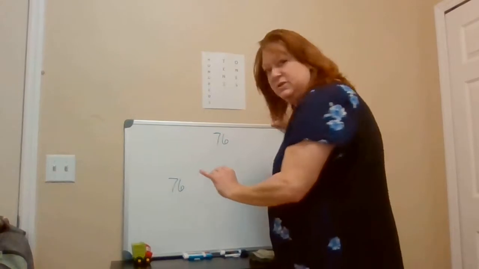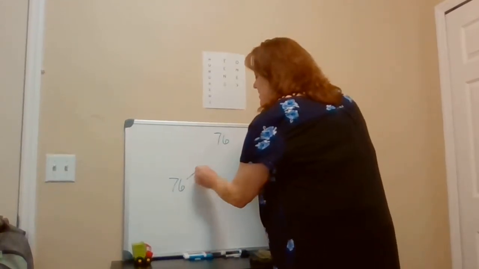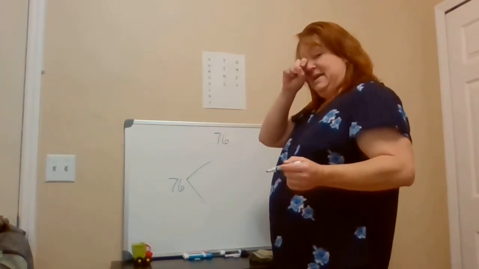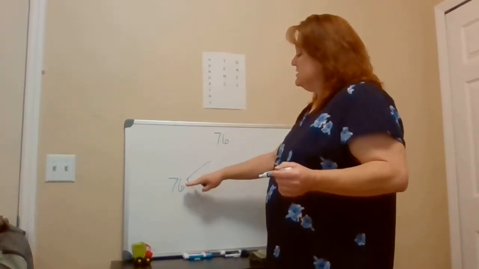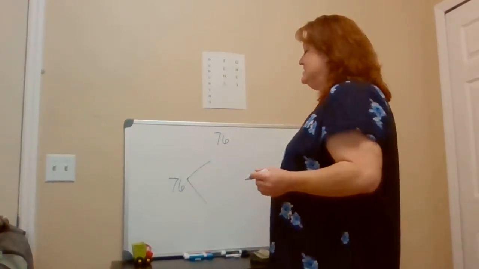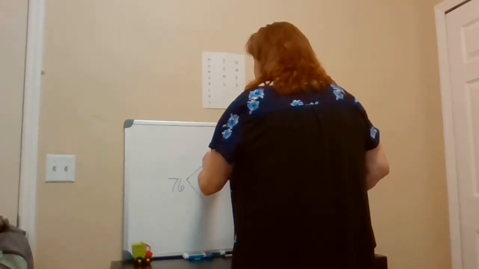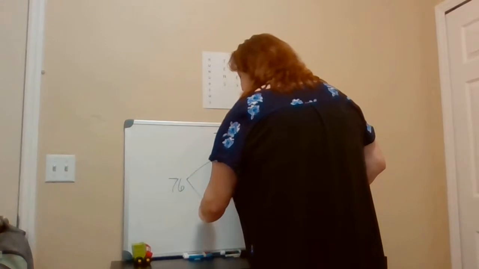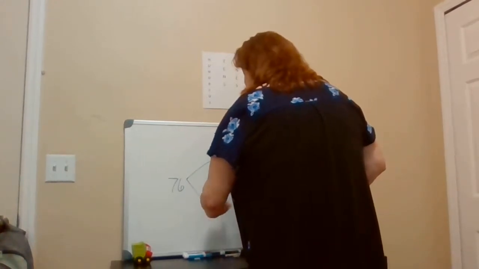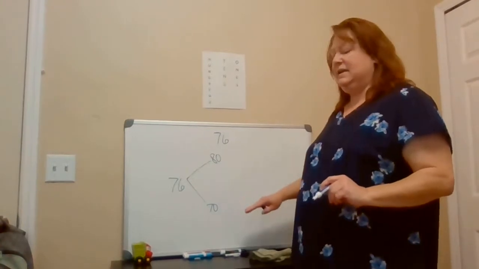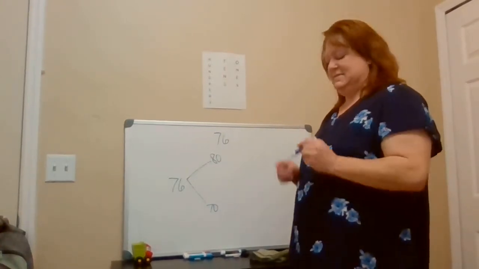Instead of using our number line, we can go ahead and say, okay, what is the closest 10, because we're rounding to 10s right now today. What is our closest 10 to 76 going up? Right, there's our 80, 76, right, 70. So we know 76 is between 70 and 80, and we want to round to the closest.